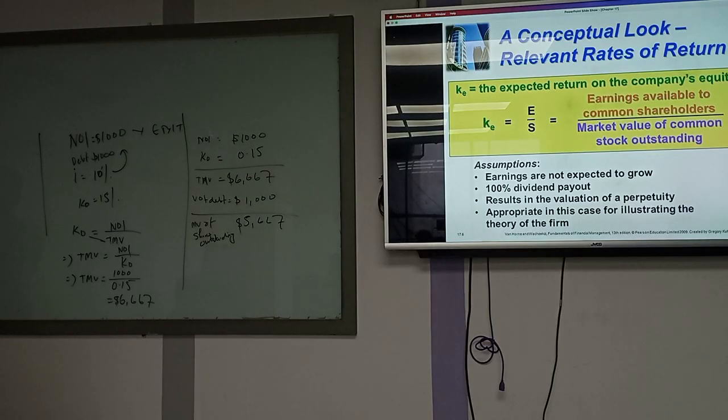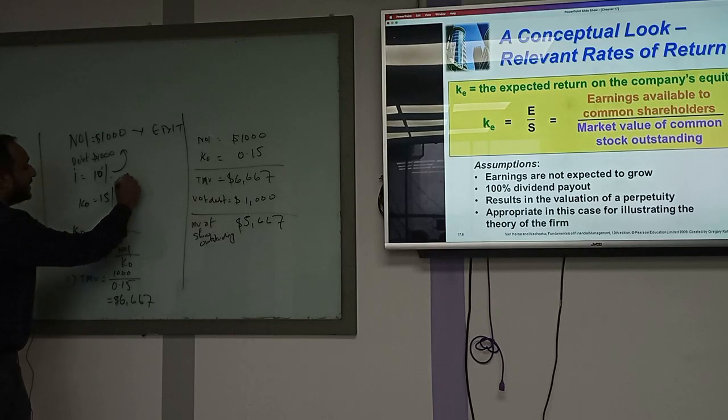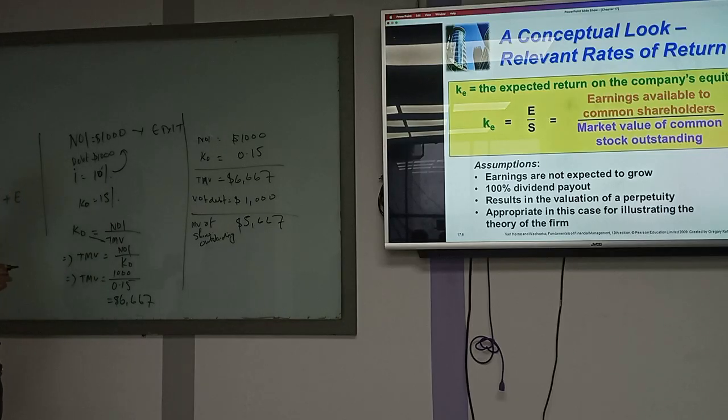Let's write down here: NOI, net operating income, is equal to I plus E. What is I? The interest payment. E is earnings available to the common stock equity holders. Okay, this is not given. What is given? I is given, 1000 at 10%. So what is my interest here?